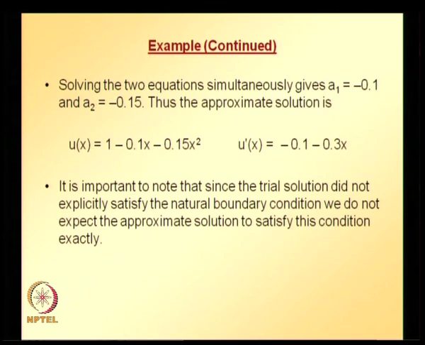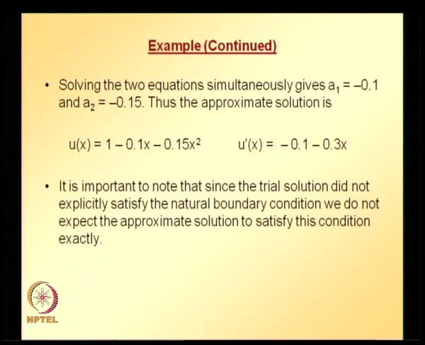And one more thing: why is the derivative quantity not matching well when we compare with the exact solution? The reason is that, since the trial solution did not explicitly satisfy the natural boundary condition, we started with a quadratic trial solution and made it admissible by imposing the essential boundary condition, but we never imposed the natural boundary condition.